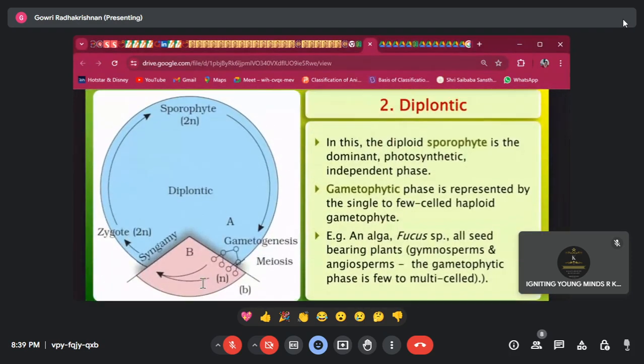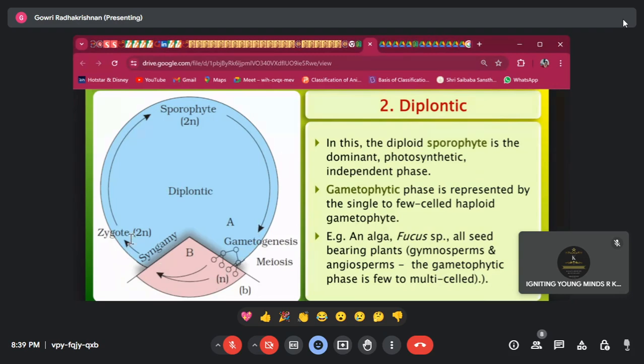And then diplontic. In this, the diploid sporophyte is the dominant photosynthetic independent phase. The gametophytic phase is represented by the single to few-celled haploid gametophyte. Examples are algae like Fucus, and all seed-bearing plants, gymnosperms and angiosperms. You can see here, after gametogenesis, then meiosis, and then syngamy takes place.